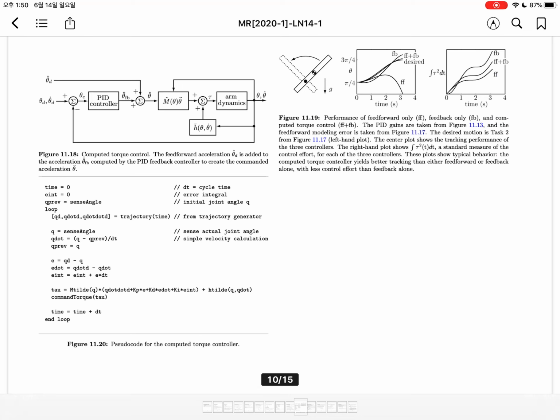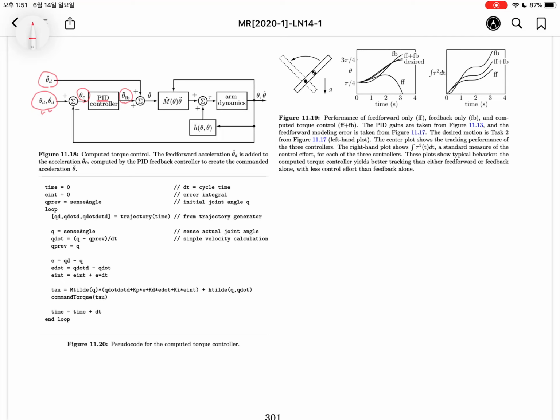Okay, this figure 11.18 shows the IDC or CTC. Here, desired acceleration and desired position and velocity. Using these two terms, we can obtain theta E, and then feedback control. Using the concept of PID control, we can determine the independent feedback control law theta 2 dot.